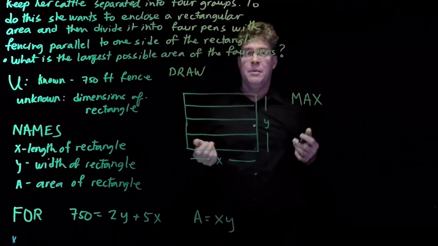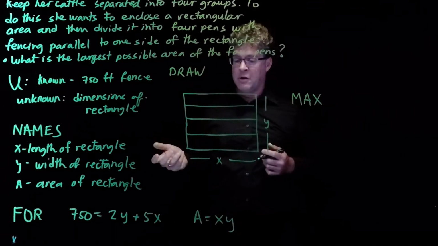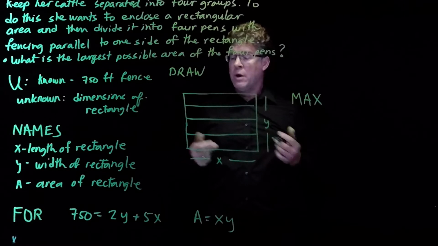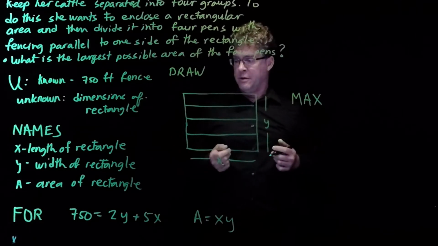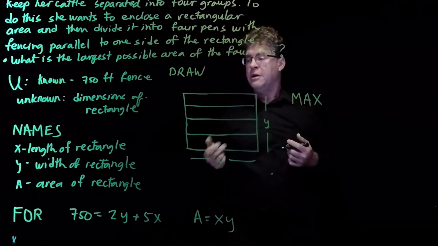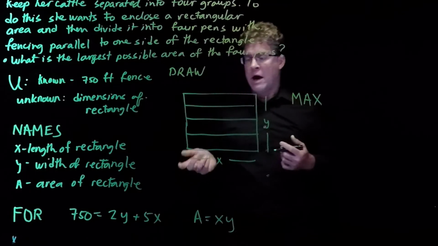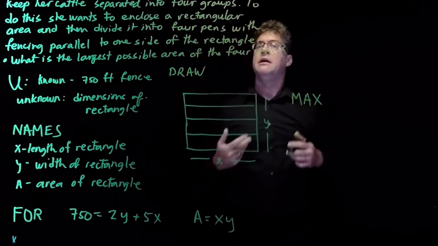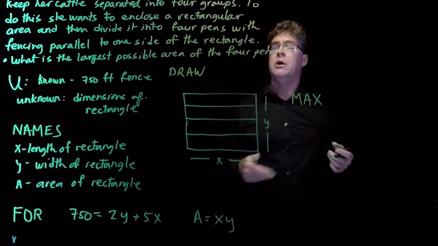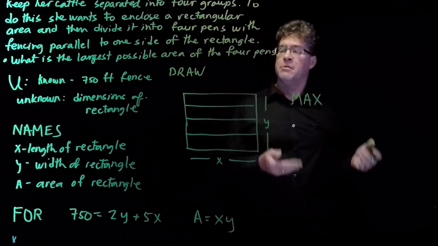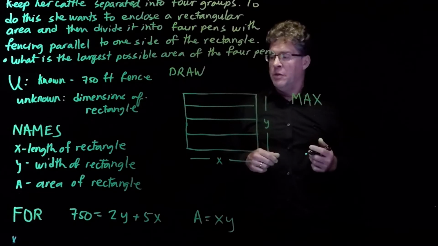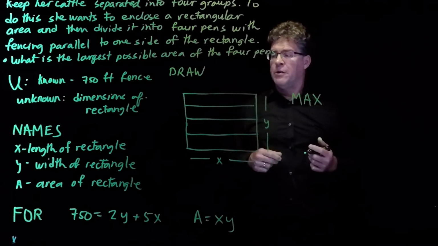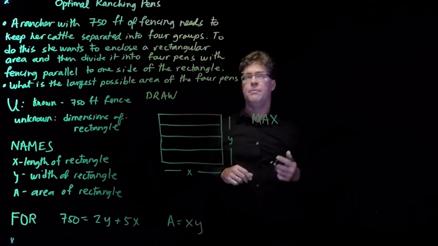Our next step is to use the constraint and to rewrite one variable in terms of the other. So we could either use the constraint to write y as a function of x or x as a function of y. It doesn't matter which one we do, we'll come up with the same final answer for the problem. So in this case, I'm going to solve for x as a function of y.